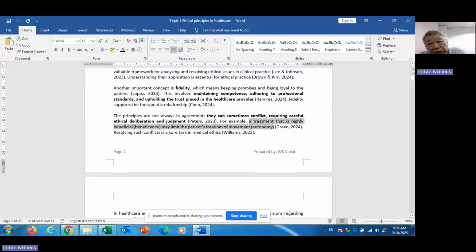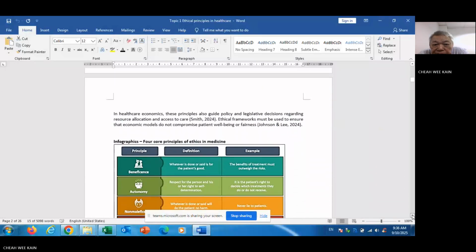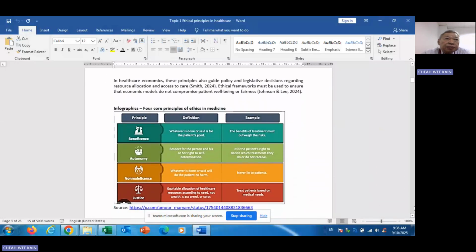But it goes against the autonomy principle. He was not given the chance to decide. So it's hard. And why is it hard for ethical principles in healthcare? Because we're dealing with human lives.